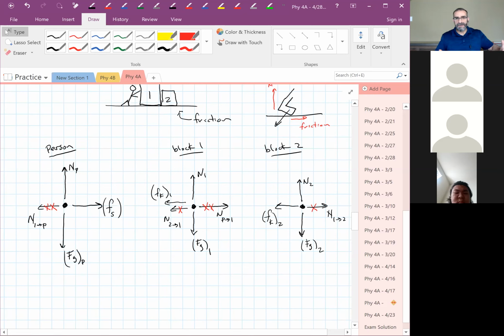You have to have something reaching into the system pushing at it. I like to say you can't make your car go faster by pushing on the dashboard while you're sitting in the car, right? That's not going to help you. You have to reach out, get your foot on the ground and push. Get some external force reaching in. Internal forces aren't going to help you go faster, right?